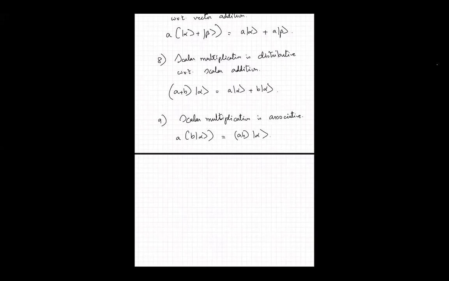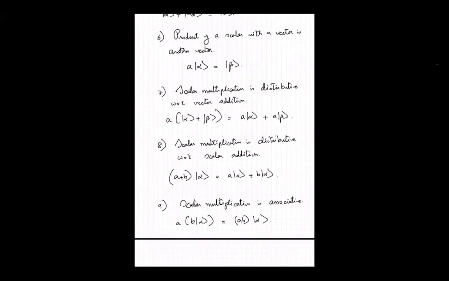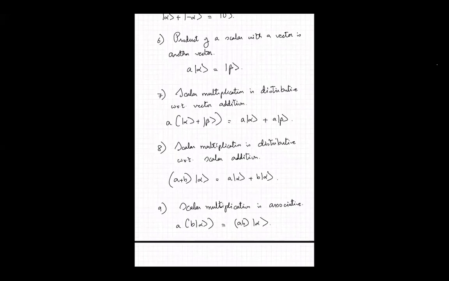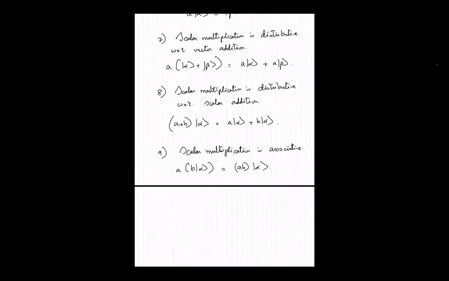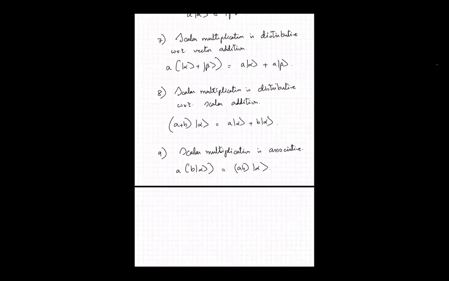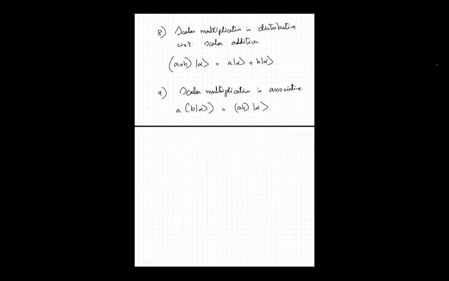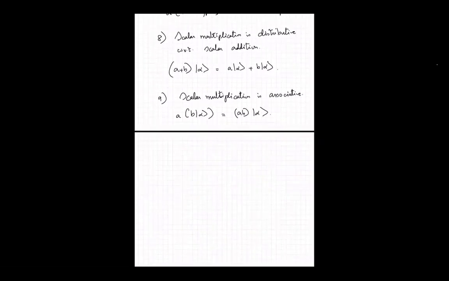When I say that A multiplies B alpha, then I mean that using rule number 6, B times alpha is a vector, which I will call gamma vector. Then A times gamma vector is what I'm calculating on the left-hand side. On the right-hand side, I'm simply multiplying the two scalars together, A times B, and multiplying that with the vector alpha. It really doesn't matter which way I do it. Scalar multiplication is associative.